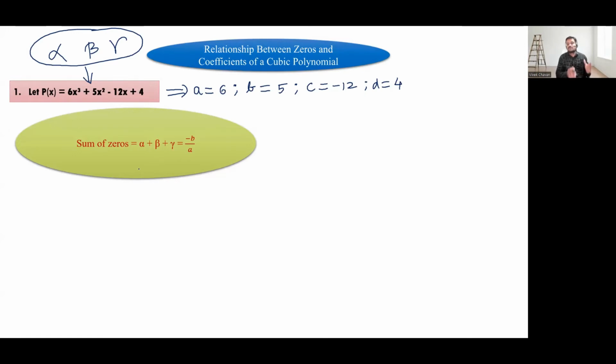Now, how do we find the zeros here? Who will tell me? I have explained this. How to find the zeros of a cubic polynomial. It is very, very easy. Yes, Sarvadnya.